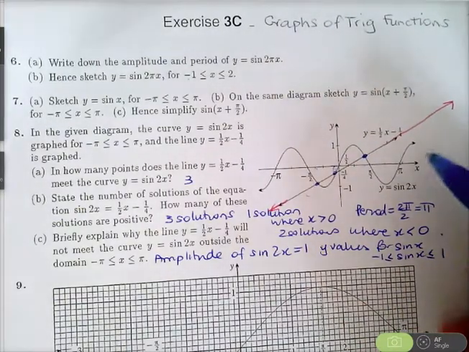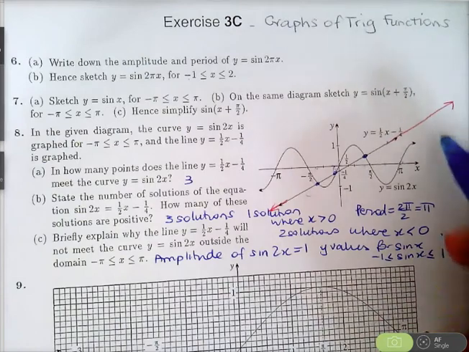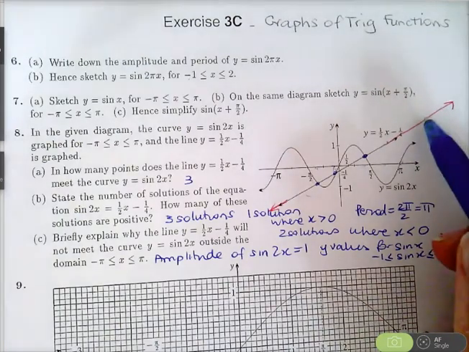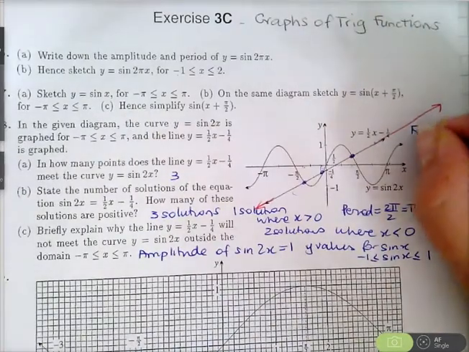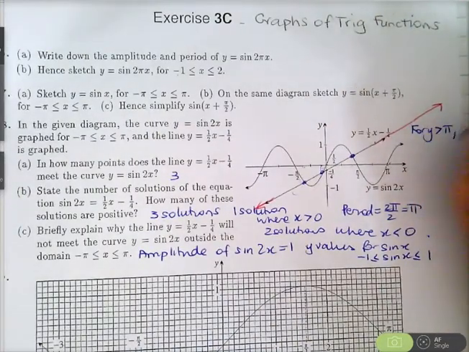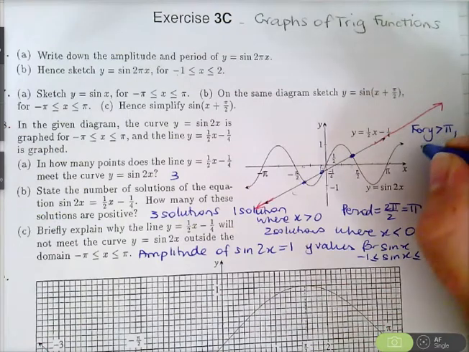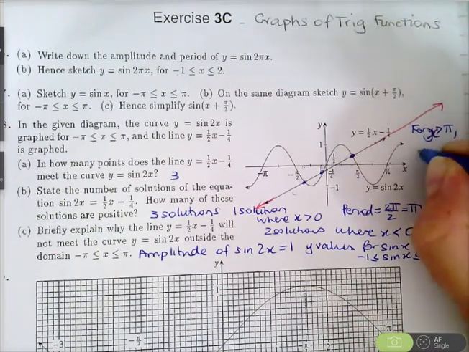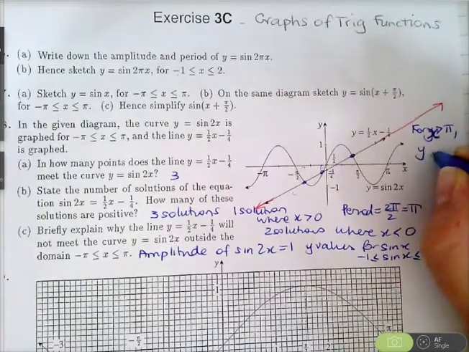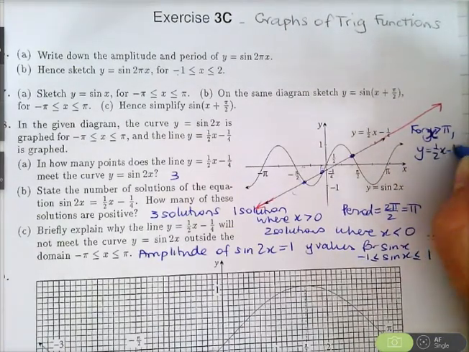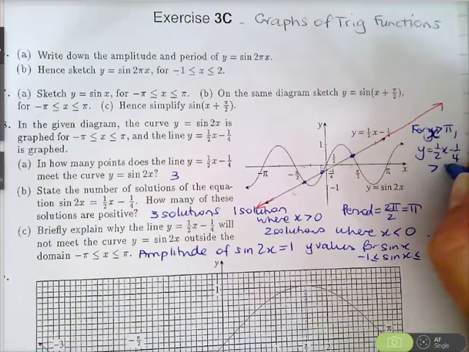And after values of pi, the values for the straight line, for x values greater than pi, y equals a half x minus a quarter will always be greater than 1.